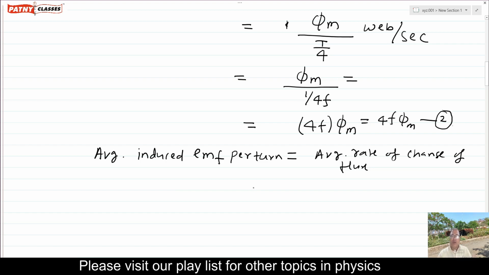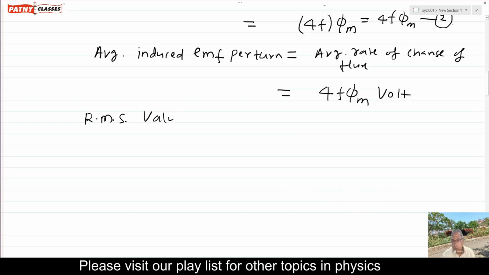I repeat once again, average induced EMF per turn is equal to the average rate of change of flux. So the average rate of change of flux per turn is nothing but 4f phi m, and the EMF is measured in volts. Therefore induced EMF per turn is nothing but 4f phi m volt.